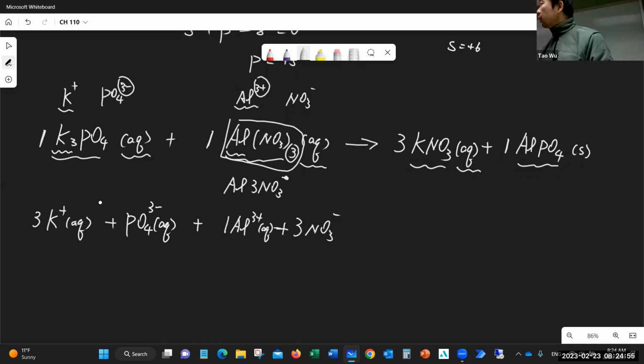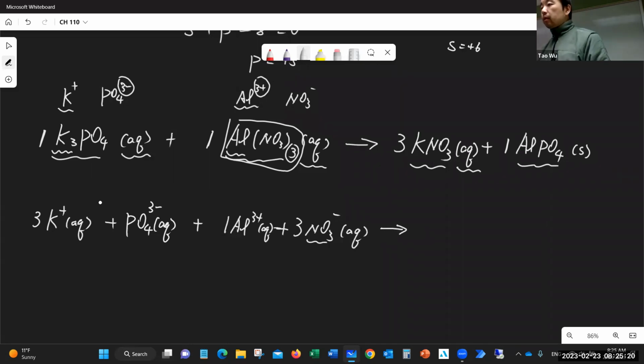We're not writing 3 nitrate like this. But if you only have a single nitrate ion in the solution, then this is nitrate. And when you talk about 3 nitrate ions, then the 3 is put in front, okay?